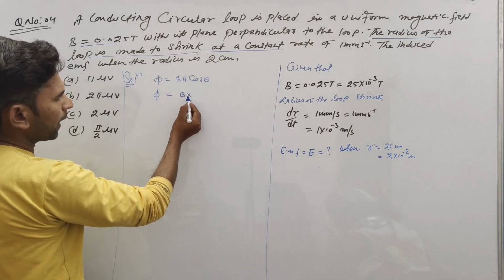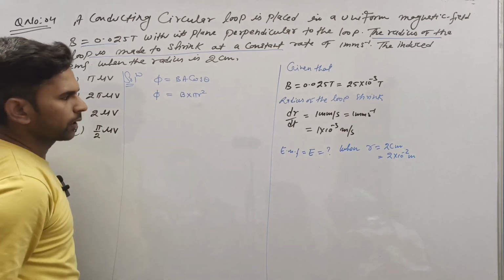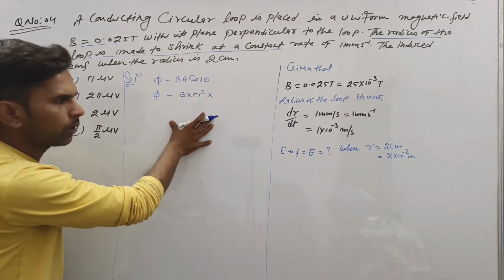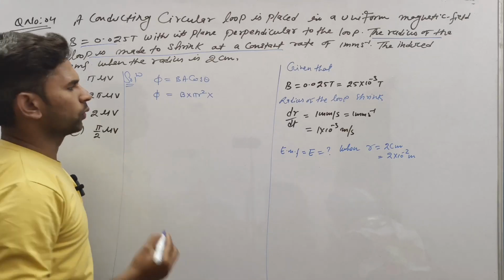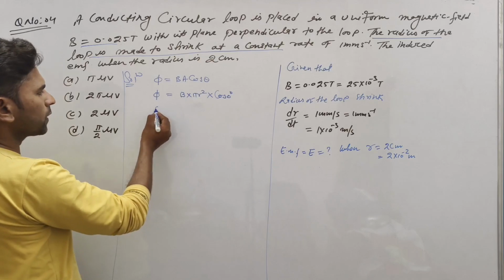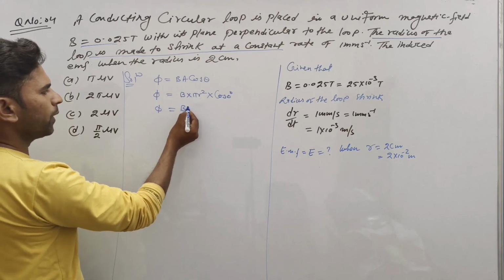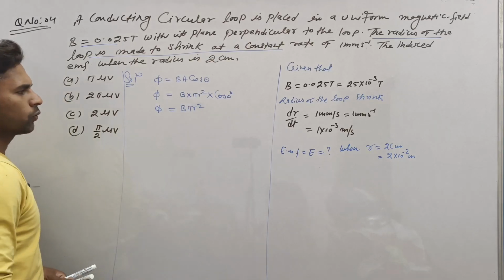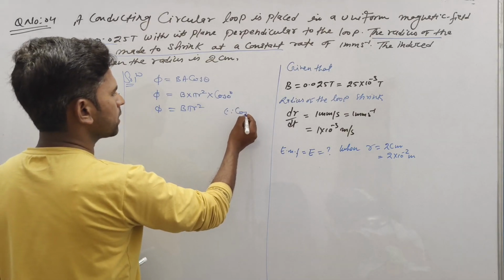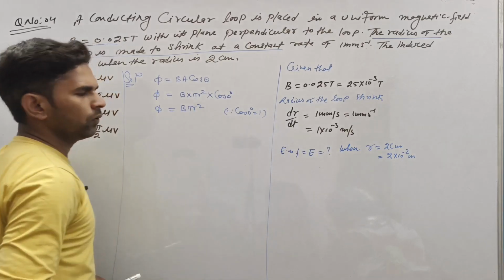For the area A you can apply pi r square. For this condition, for the loop, you will take theta 0 degree, so cos 0 degree, which is equal to 1. Now you can write phi is equal to B pi r square.